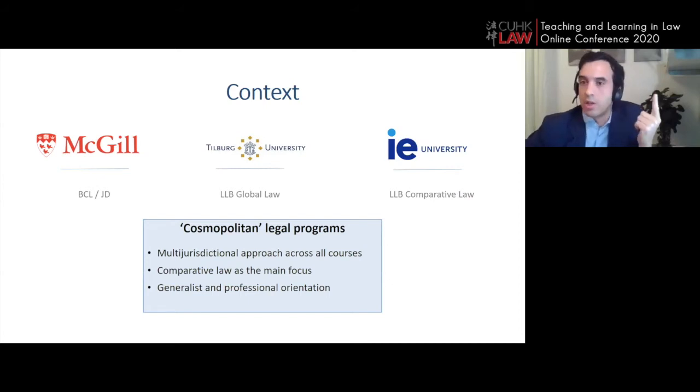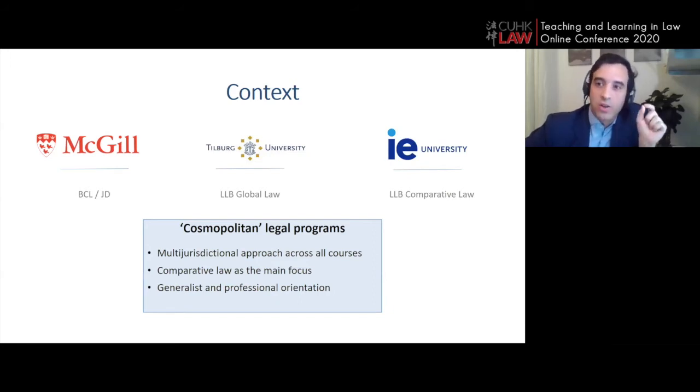The second disclaimer is that, of course, I come from a civil law jurisdiction and I've received a civil law training. From my perspective, this is something very novel. I have the intuition that legal teaching in the common law world, and especially in Commonwealth countries, is actually more cosmopolitan than teaching in civil law countries because of the common roots of many of the legal disciplines that are taught in these courses.